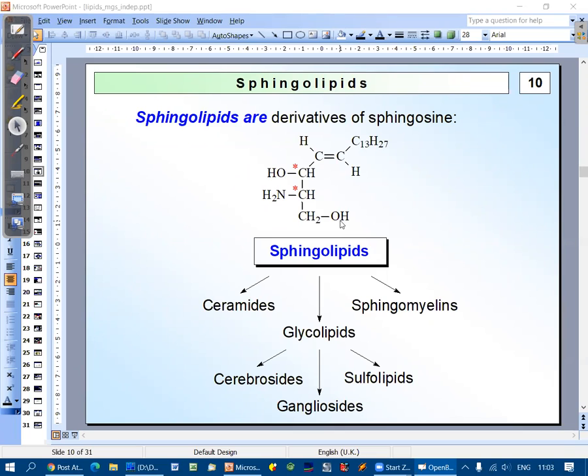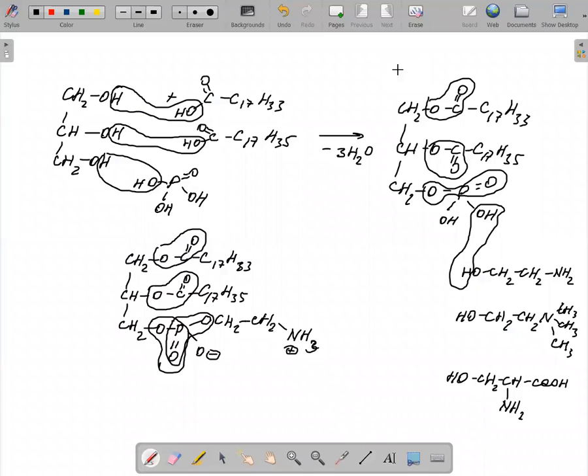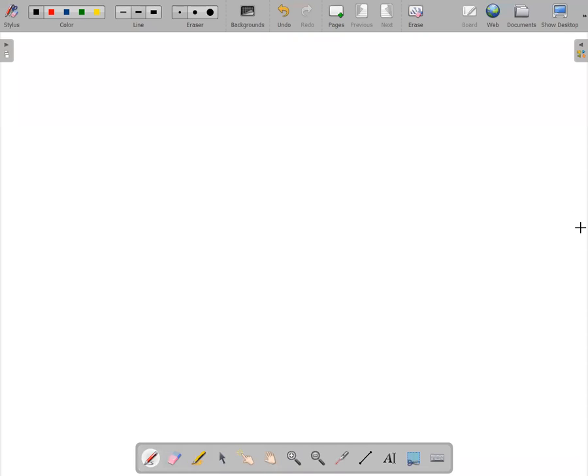Now let's draw a few formulas of sphingolipids. I won't draw the total formula of sphingosine itself, just the part I'm interested in.